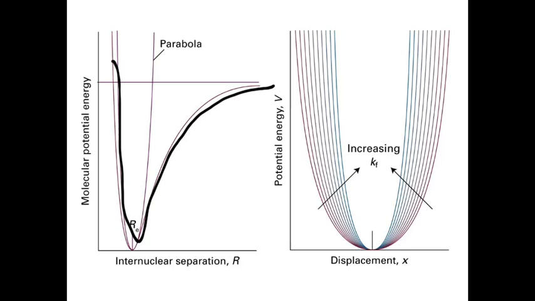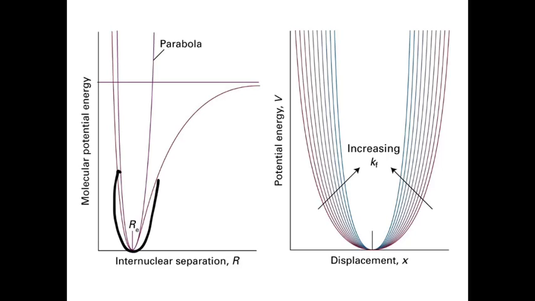But we approximate it with this parabolic curve, which is why when we calculated the vibrational energies in our quantum mechanical models, we used that Hooke's law, 1/2 k x squared, to model the potential. And we didn't introduce any anharmonicity effects into there. Well, we know there are some anharmonicity effects. But anyway, before we talk about those, let's just talk in general about the shape of this curve.